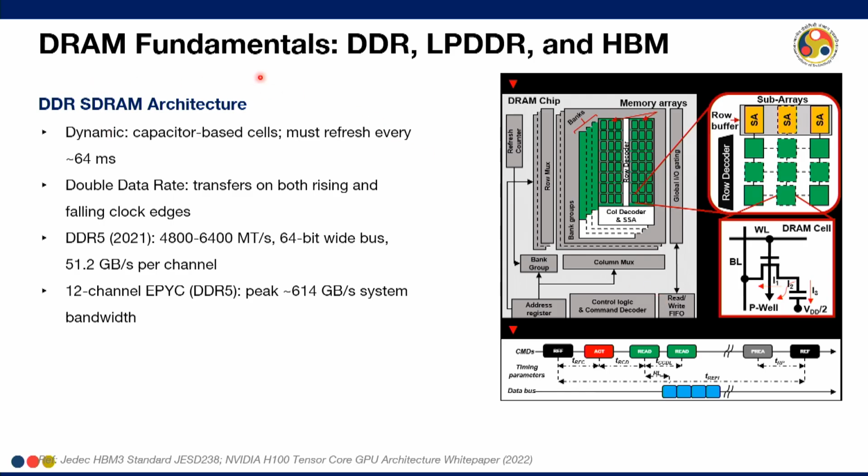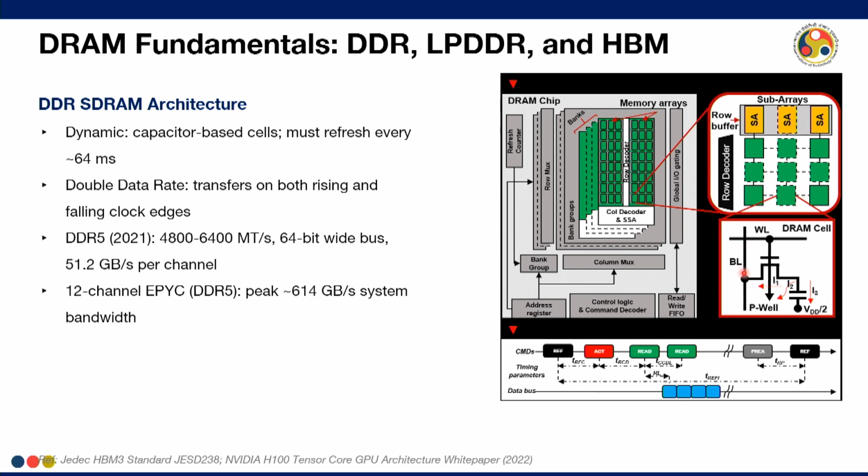So we all know DRAM, dynamic RAM. What exactly is the dynamic nature? Dynamic means we store each bit in a capacitor of the DRAM. So each DRAM cell stores one bit in a capacitor, right?